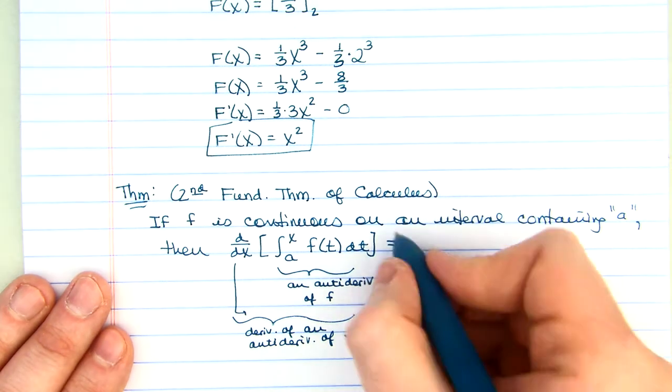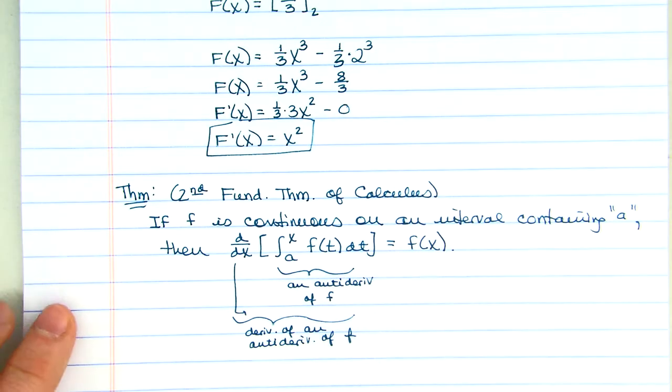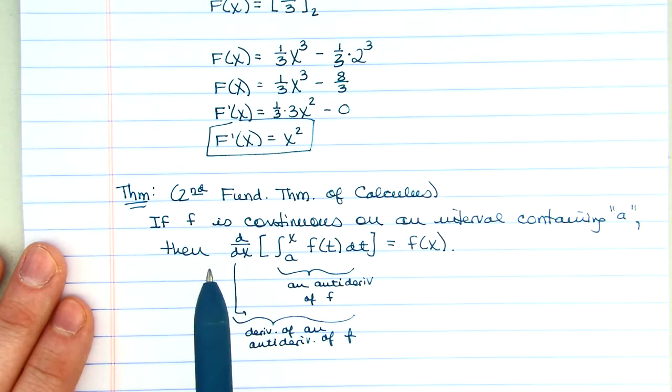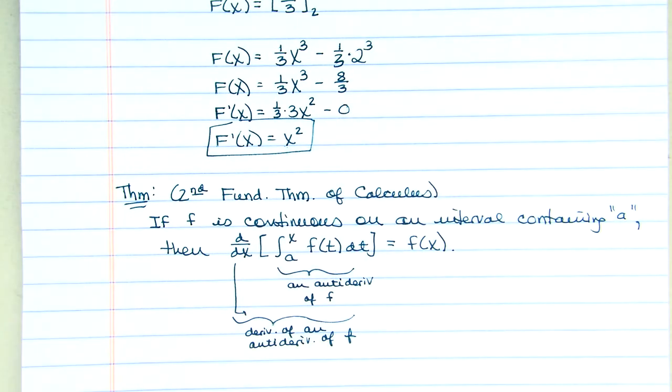They're going to cancel each other out, and you're going to get little f of x, which is basically what I tried to show you in that example. If I want to find the derivative of this thing, the derivative and the integral cancel each other out, you're just going to get x squared, which means we're not going to have to go through all that work. We can just use the second fundamental theorem of calculus to do these problems quickly. Please copy that down.